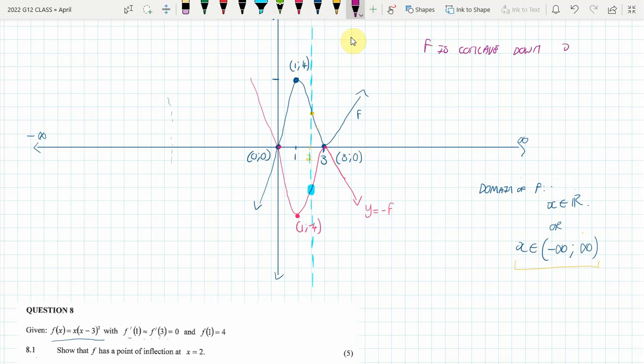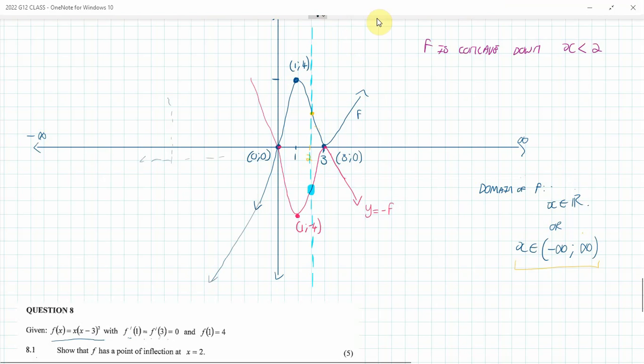Whenever x is less than the inflection point, then f is concave down. Can you see? If we were to extend this line on and on, this graph will follow the same pattern indefinitely. Even if we increase the values of x, this graph will always be defined and concave down.